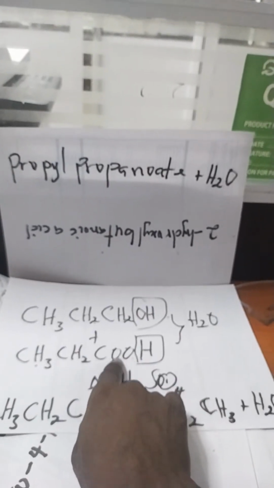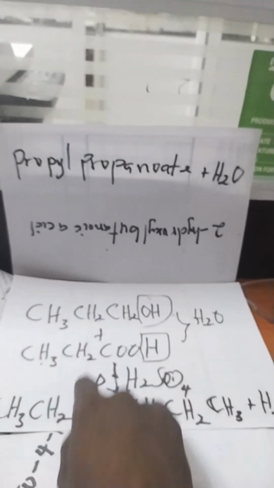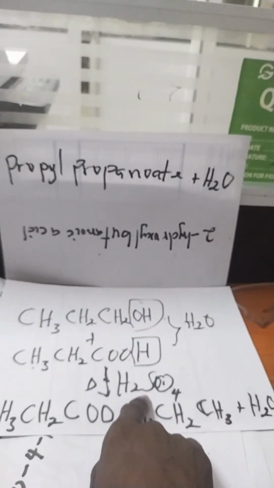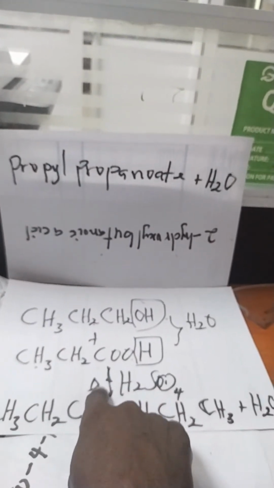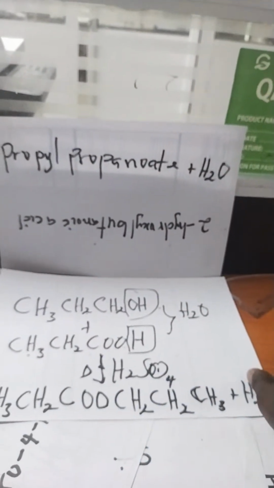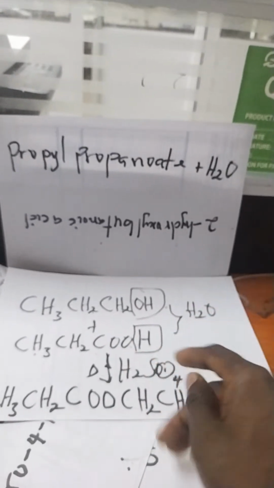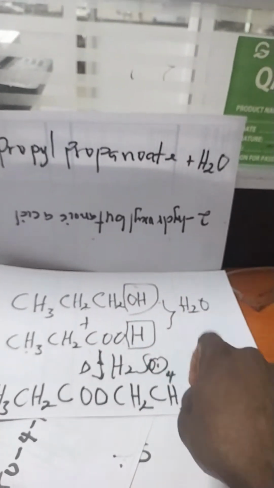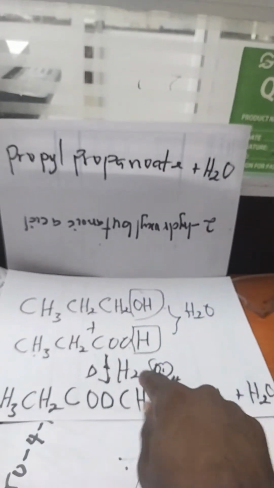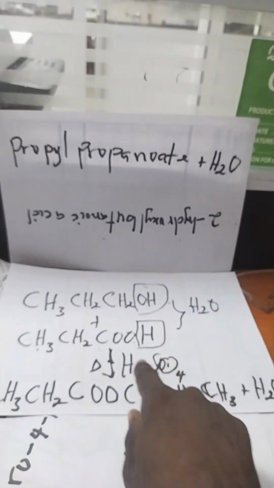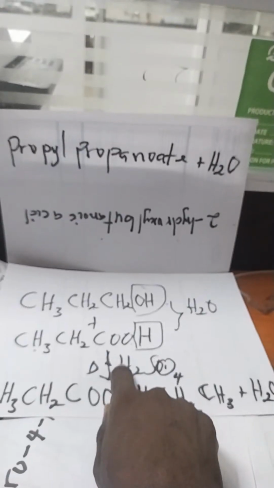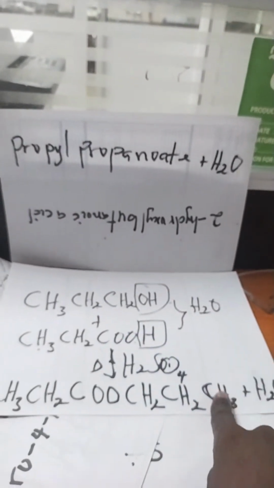This carboxylic group reacts with this in the presence of this mineral acid. The mineral acid is acting as a dehydrating agent. That is its function. In most cases, JAM will ask you, what is the function of H2SO4 in the reaction? It's acting as a dehydrating agent. It's removing the water from the system.